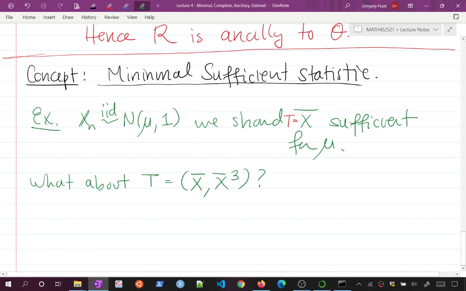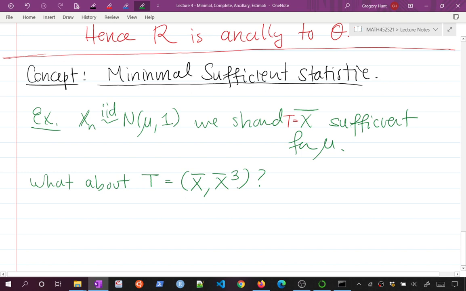So the gut instinct here should be that sufficiency of a statistic means that that statistic contains all of the information about the unknown parameter. So if x bar contains all the information about the unknown parameter, then certainly x bar and some other stuff is going to contain all the information about the unknown parameter.